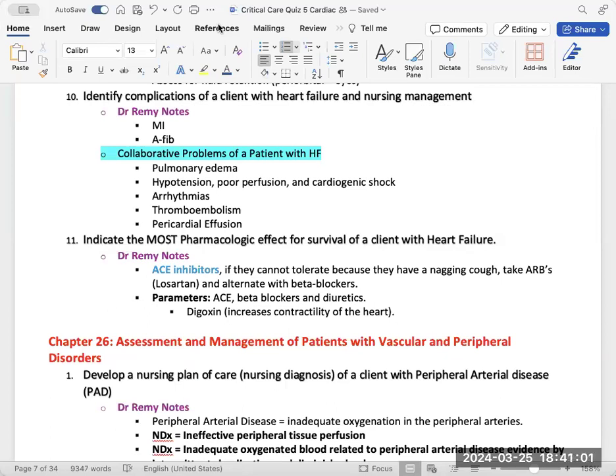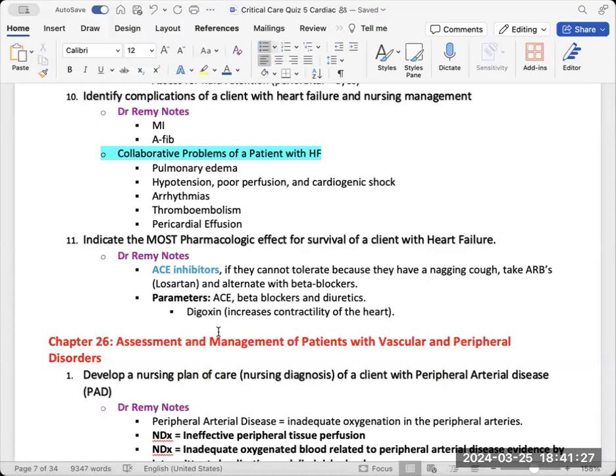And that could be from all the fluid buildup in the body that you see with right side affecting the venous return. So think, what are my right and left-sided symptoms for each when it comes to heart failure, and what sorts of problems can I see as a result? So pulmonary edema, pericardial effusion, cardiogenic shock, hypotension, arrhythmias, and thromboembolism.